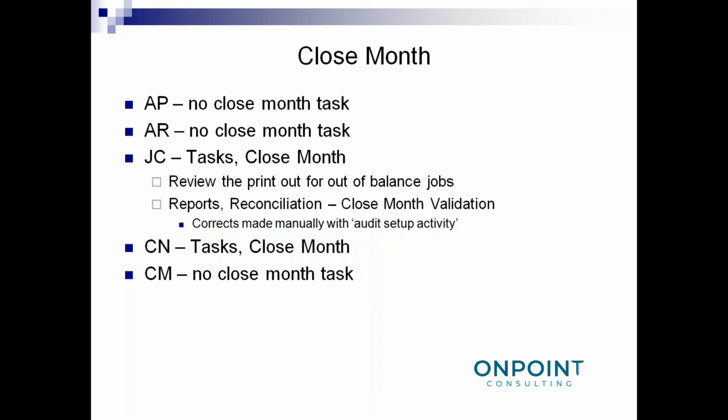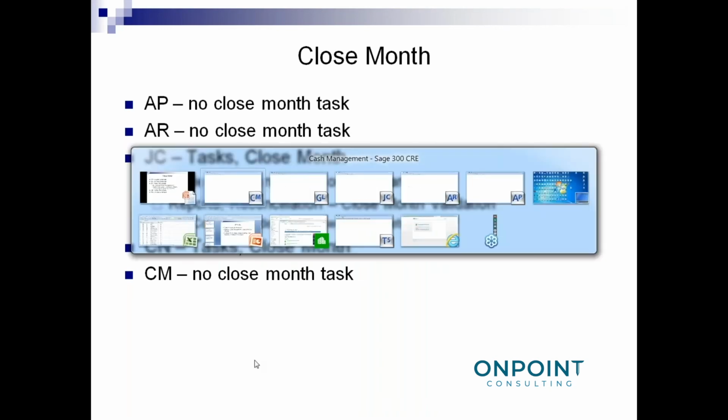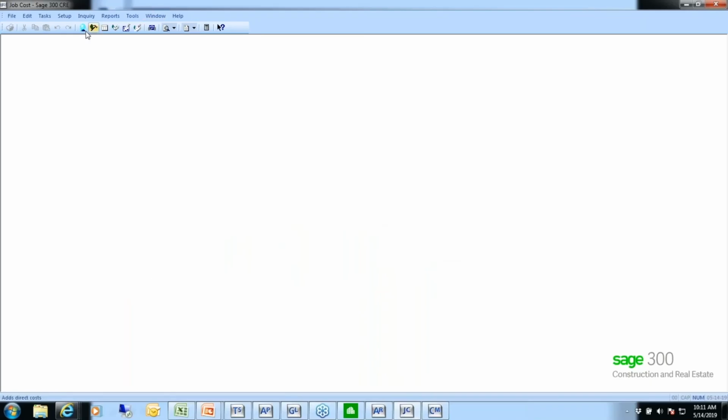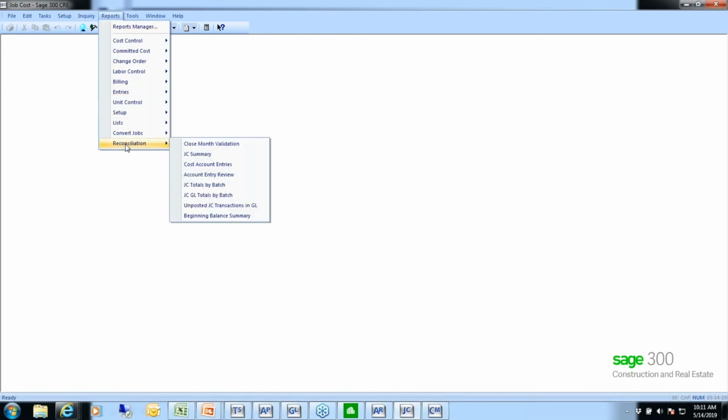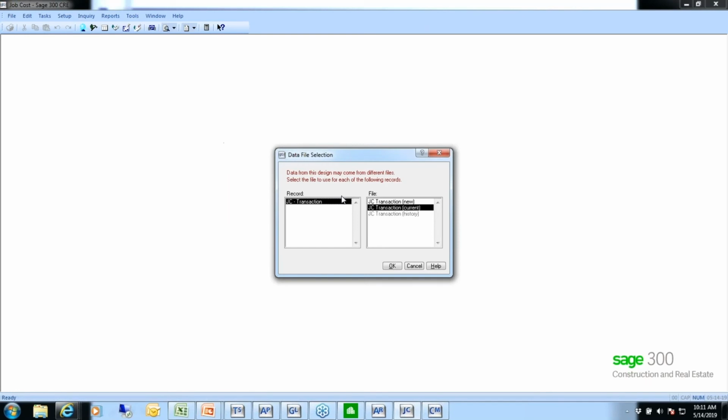Okay. Now to find this inside job cost, under reports, and it's under reconciliation, there is a close month validation report.